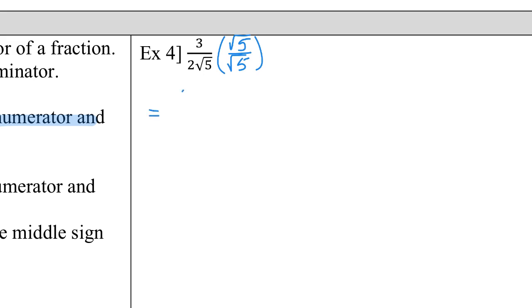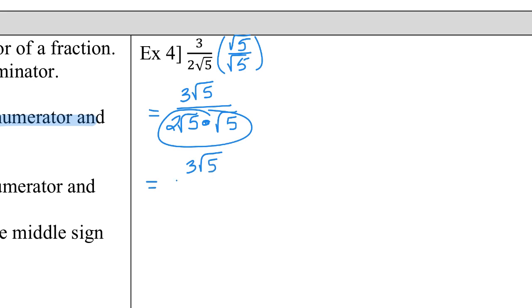So this turns out to be 3 times the square root of 5 over 2 square root of 5 times square root of 5. Let me show you how this simplifies. We're going to use our multiplication property to simplify this piece down here. The numerator is going to be 3 square root of 5, but the denominator changes to 2 times the square root of 5 times 5.